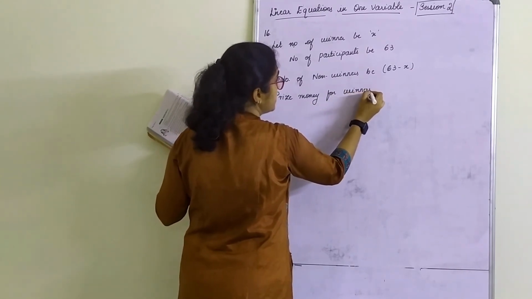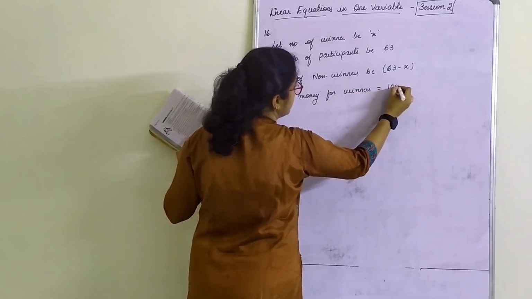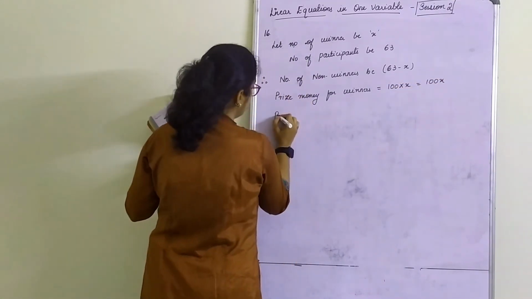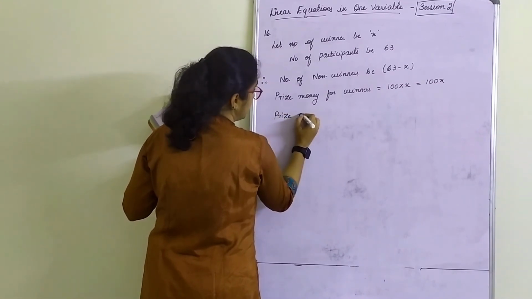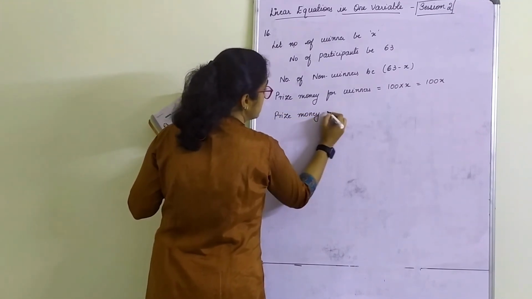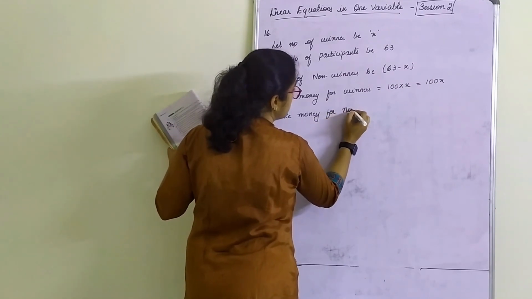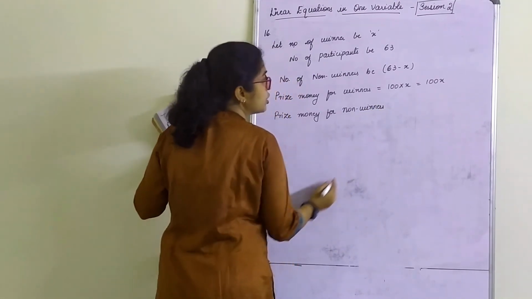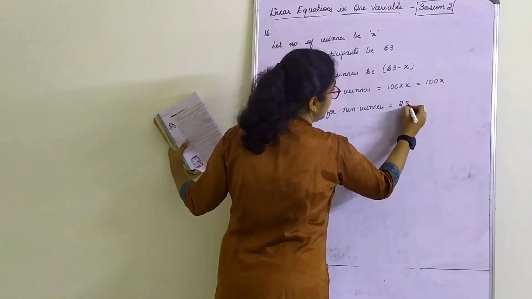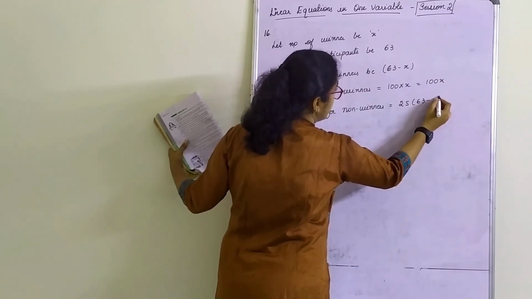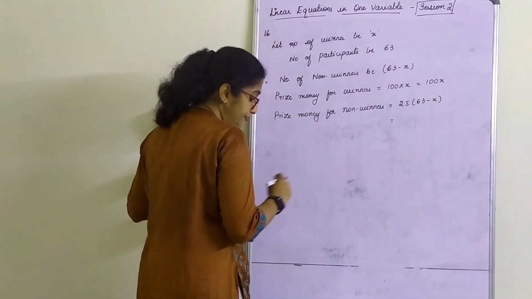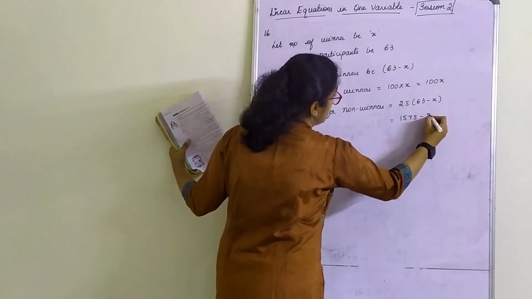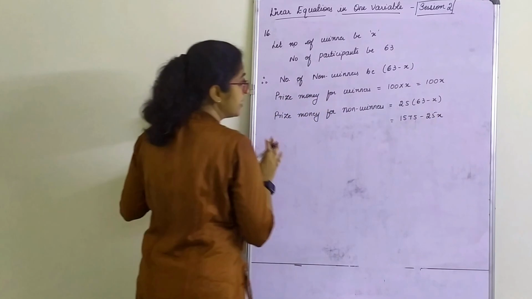How much? It is ₹100, right? So that is 100 into x, that is 100x. And prize money for non-winners is ₹25, that is 25 into 63 minus x. When you multiply 25 into 63, you get 1575 minus 25x. Keep this as it is.